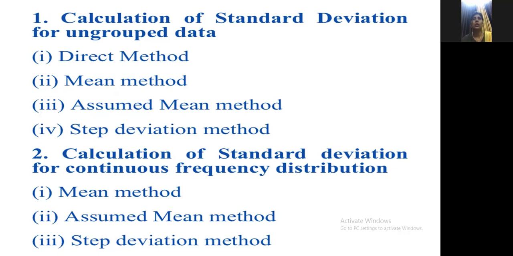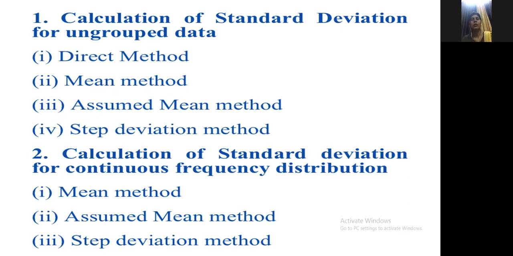The calculation or the formulas we used according to the following categories. The first formula we use is direct method. The second is mean method. The third is assumed mean method. And all these three are used for finding the standard deviation of ungrouped data.